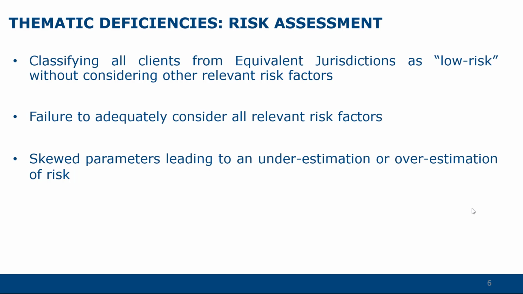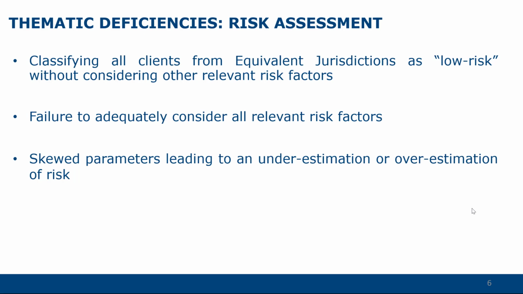Banks and TCSPs should ensure that they consider all relevant risk factors, such as the nature of business, products, and the delivery channels. Another common deficiency is a failure to adequately consider all relevant risk factors.